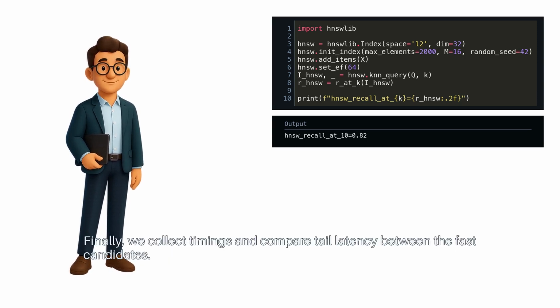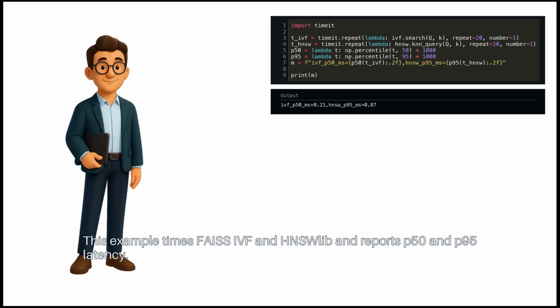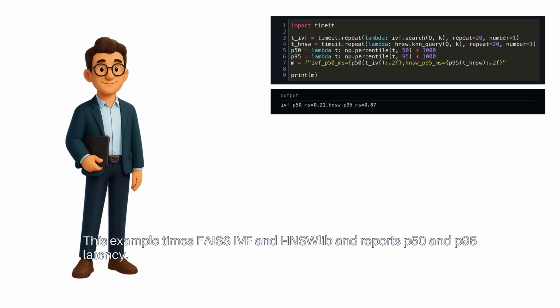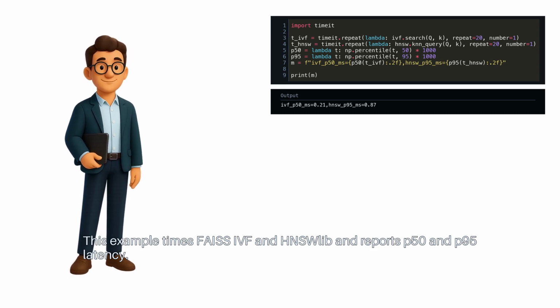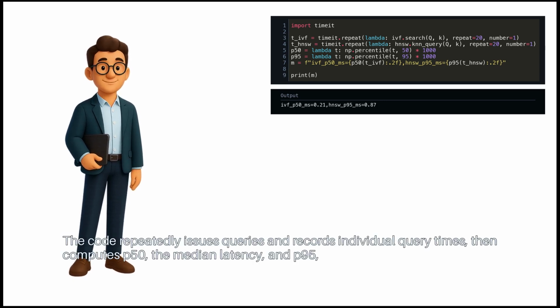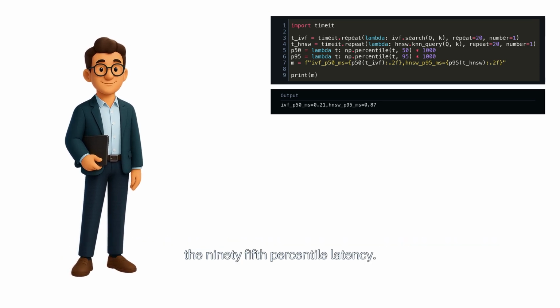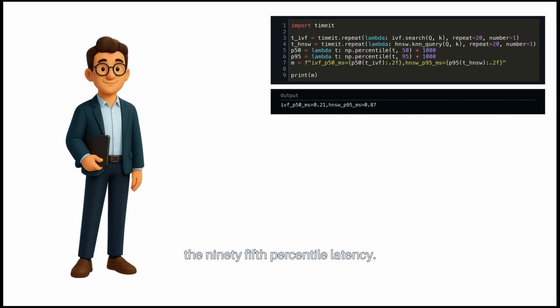Finally, we collect timings and compare tail latency between the fast candidates. This example times FAISS IVF and HNSWlib and reports P50 and P95 latency. The code repeatedly issues queries and records individual query times, then computes P50, the median latency, and P95, the 95th percentile latency.